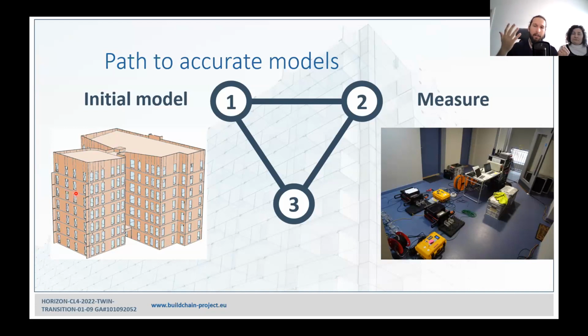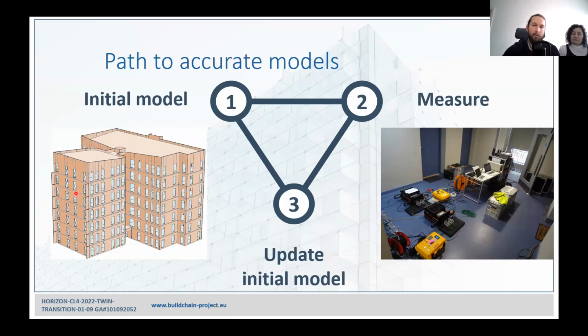And we trust the measurements more than we trust the model. So what we do is we change the initial model so that it better replicates the measurements. And this is the process that is called model updating. First, we just manually change the model, but then we do it in an automatized way.